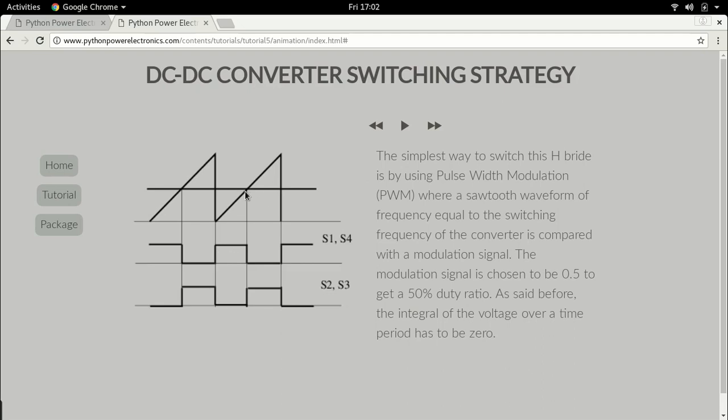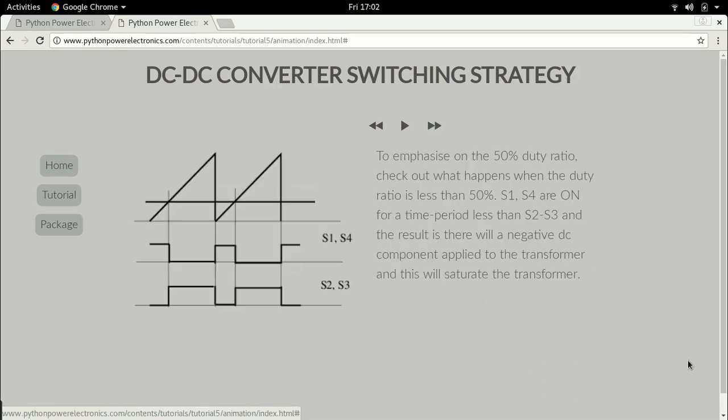And I'll tell you what happens if you don't have a modulation signal of 0.5. This is a case of what happens if the modulation signal is lower than 0.5. You see what happens? I've moved it a little lower than 0.5.